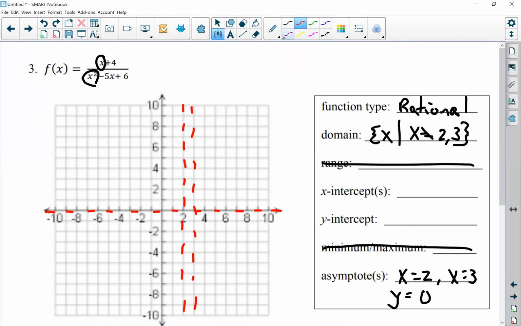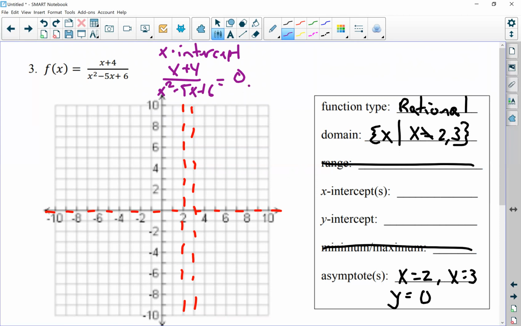All right. For the x-intercept, that's going to be where our function is equal to 0. So x plus 4 over x squared minus 5x plus 6 equals 0.